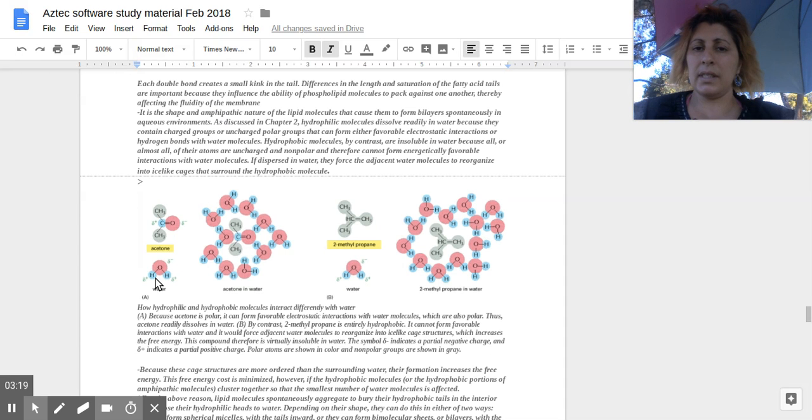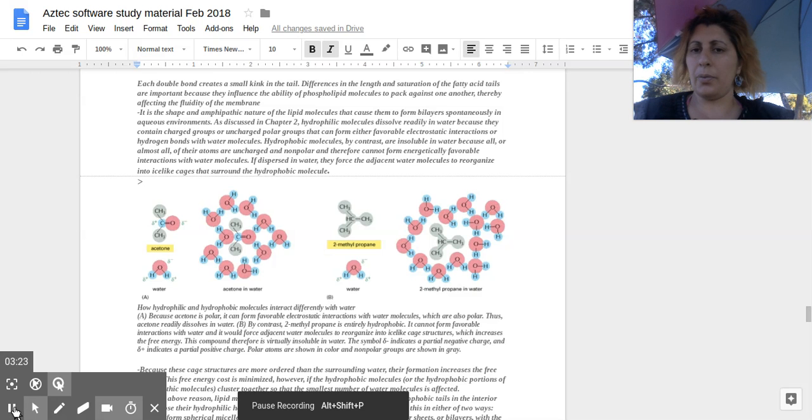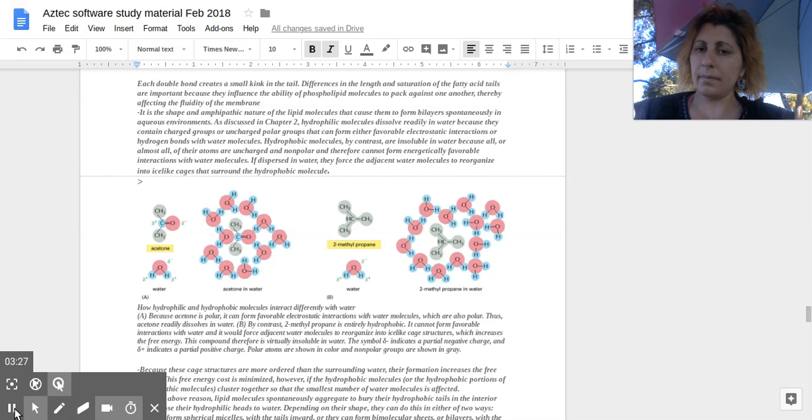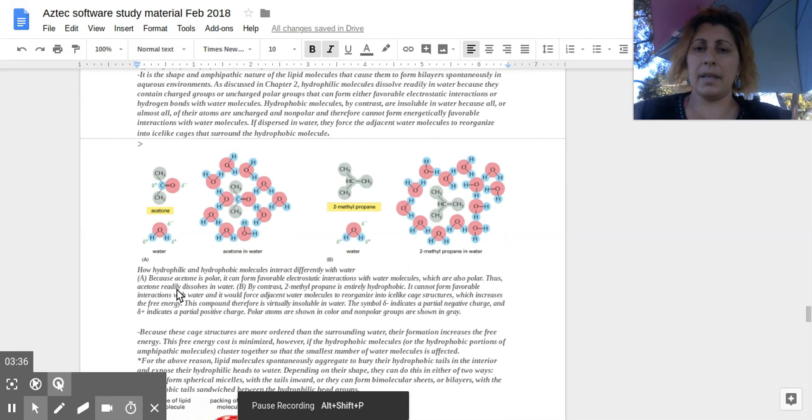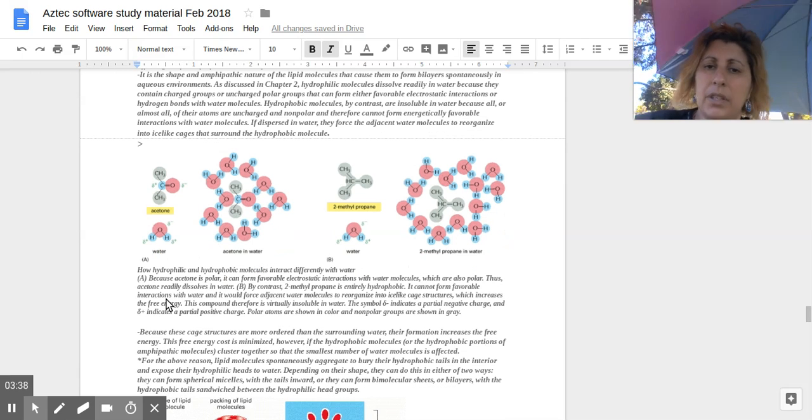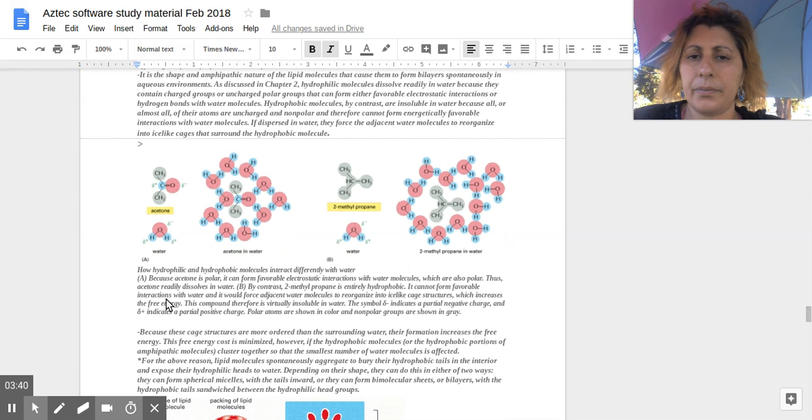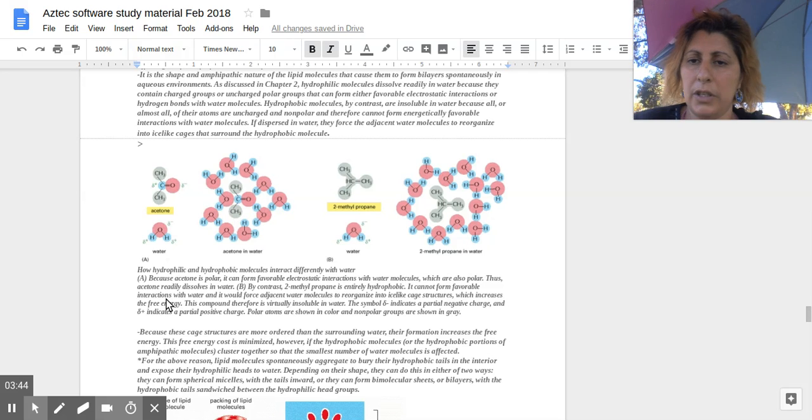The differences in the length and the saturation of the fatty acid tails are important because they influence the packing of the phospholipid molecules with each other, and the fluidity of the membrane is determined. The shape and the amphipathic nature of the lipid molecules cause them to form bilayers spontaneously in an aqueous environment.